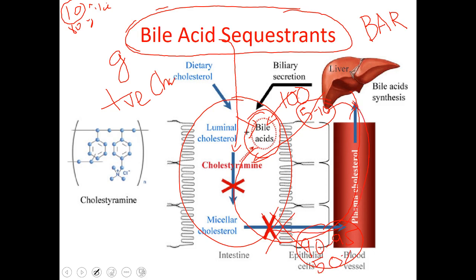So, now what will happen? The liver has to synthesize another 50% every time, and release it into the intestine. So, now from 5 to 10, the liver has to increase the synthesis of bile acids.